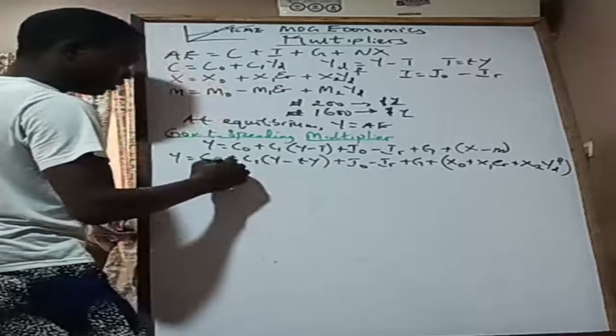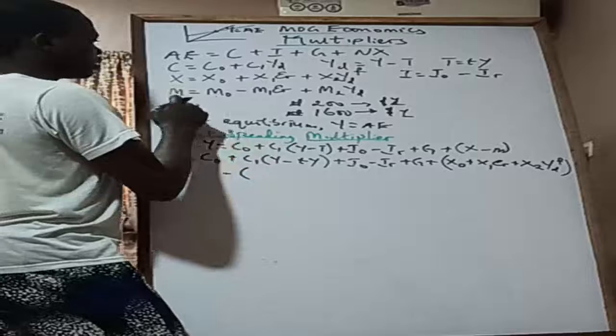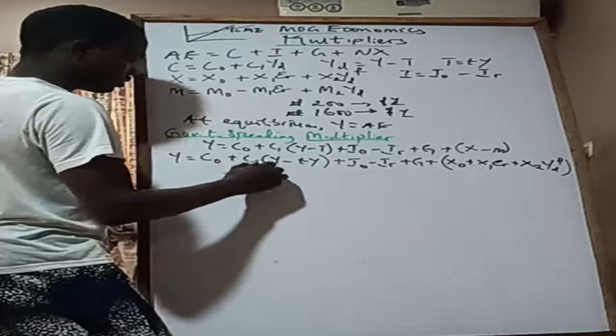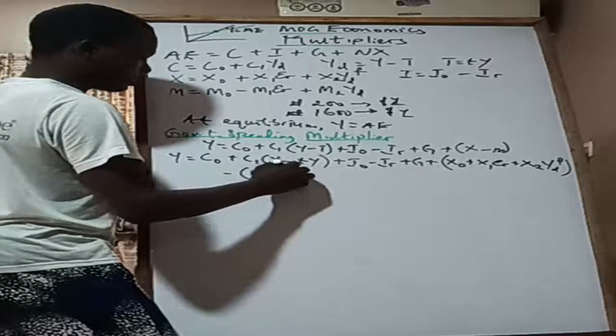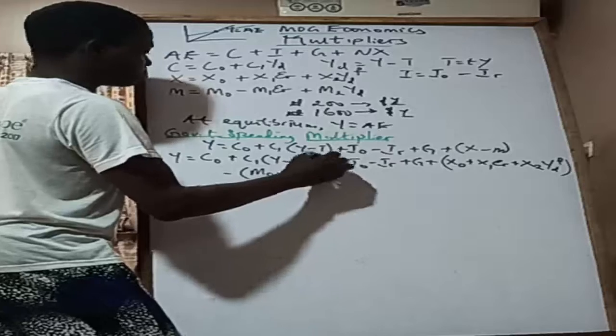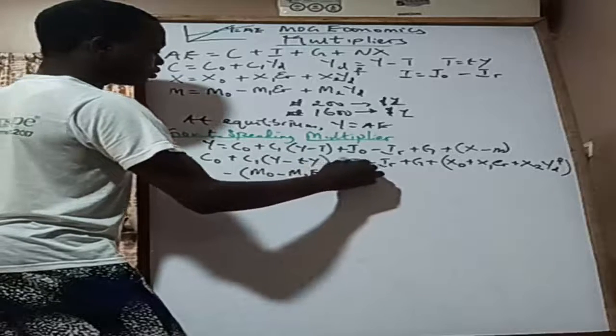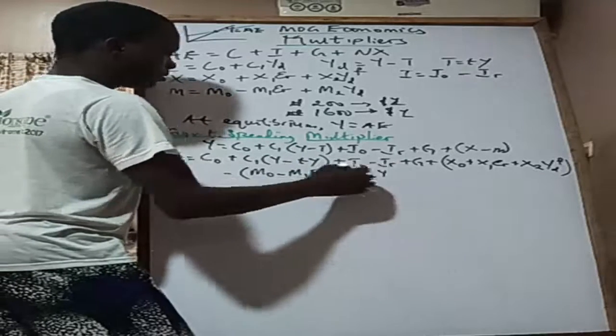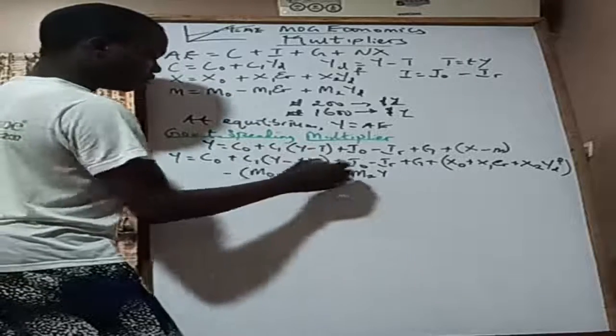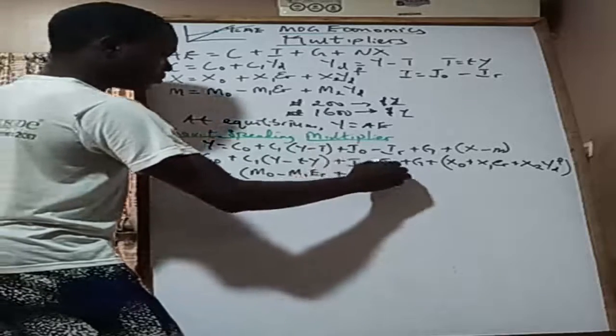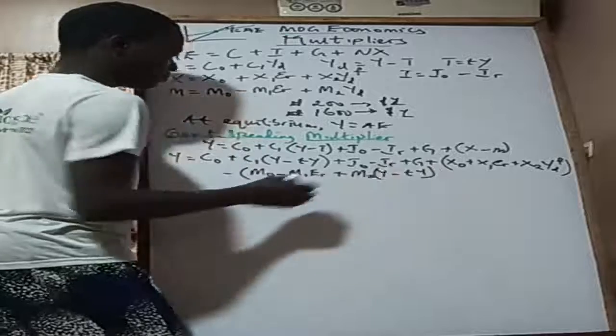So this minus imports. So imports is M naught minus M1 exchange rate, plus M2 YD. So YD is eventually going to become Y minus TY.